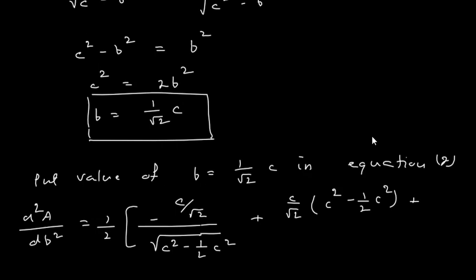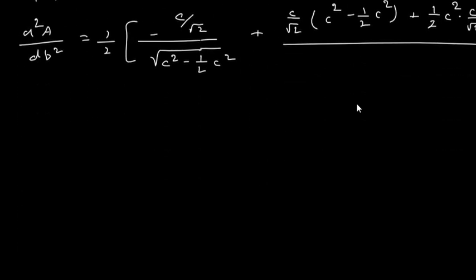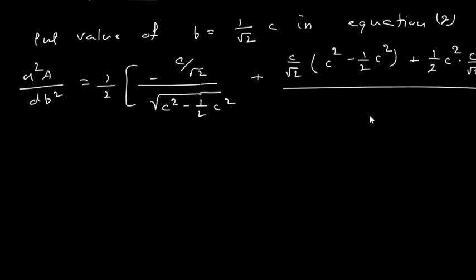The value of b square is 1 upon 2 times c square into c upon root 2, and this whole is divided by c square minus b square into root of c square minus b square. So c square minus b square is 1 upon 2 c square, and then we have the same thing inside the root, that is c square minus half c square. Okay, so let us see what we got.